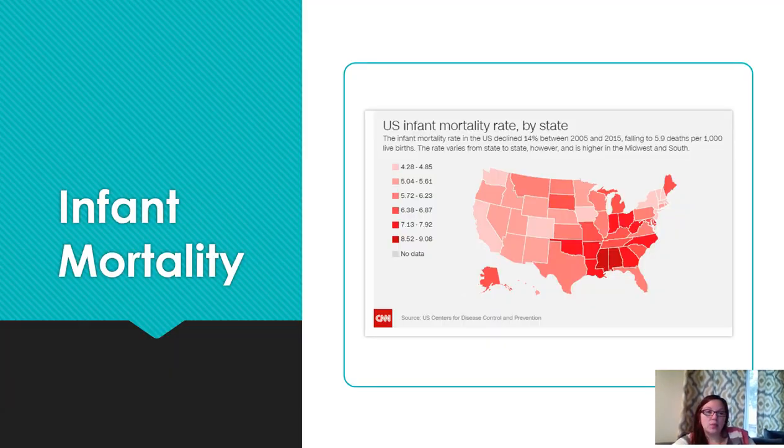So looking at this one, a little bit more current-ish, up to 2015, shows you where we are in the U.S. with infant mortality by state. So Alaska, while not the worst, is also not the best. You can see down here in the south where we have the highest rates.